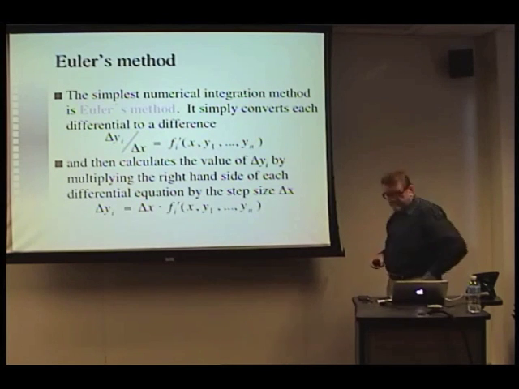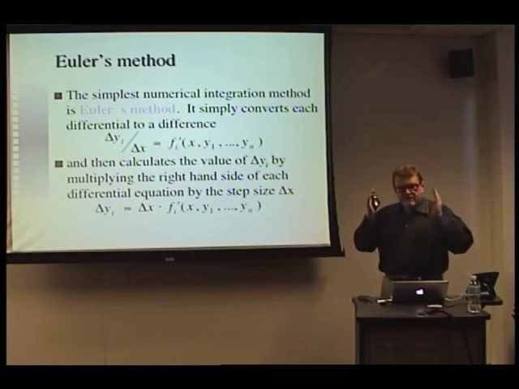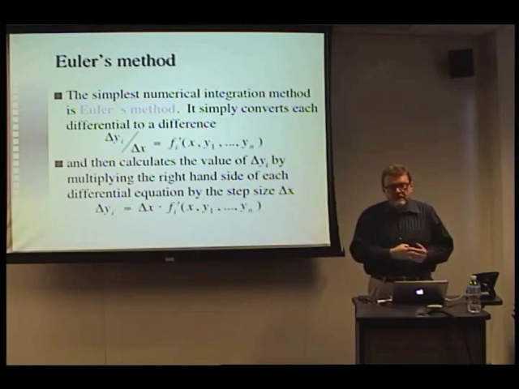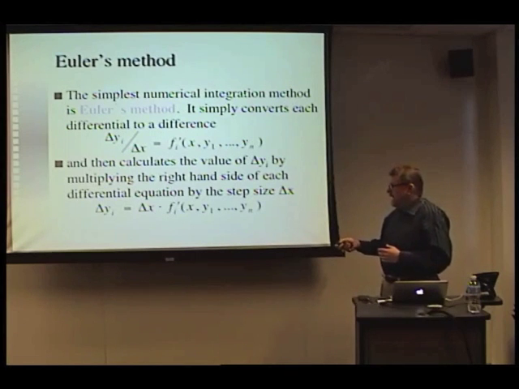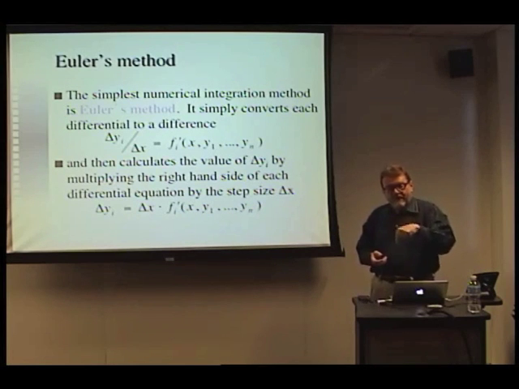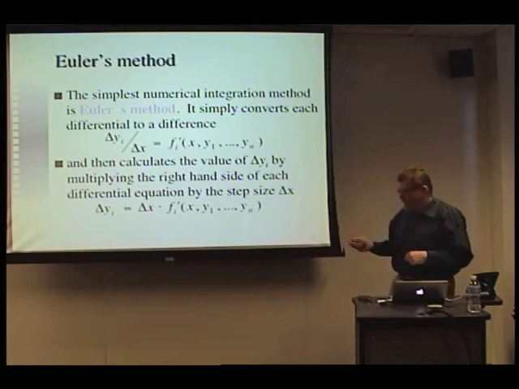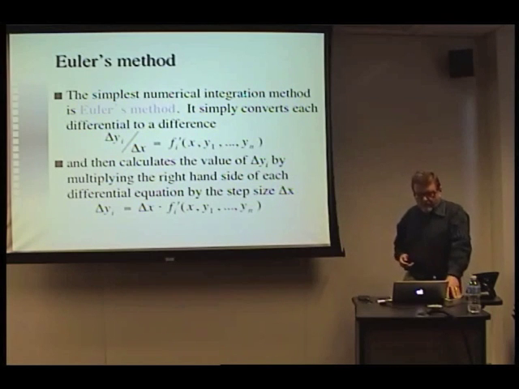So this gives us exactly what we looked at last time: to calculate the change in y, we multiply the amount of change we're allowing in x times the value of the function, where, and this is very important, the function is evaluated at the current value of x and all of the dependent variables.